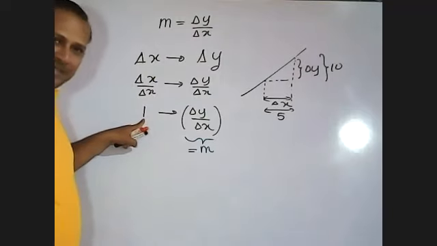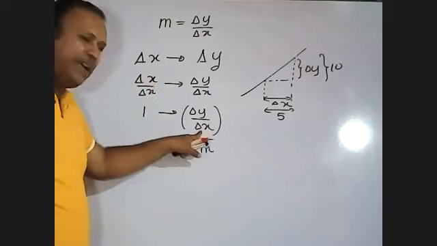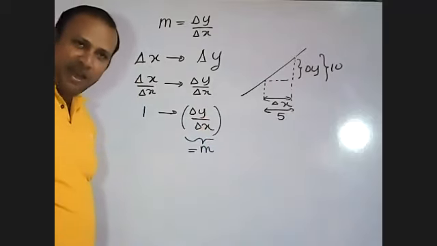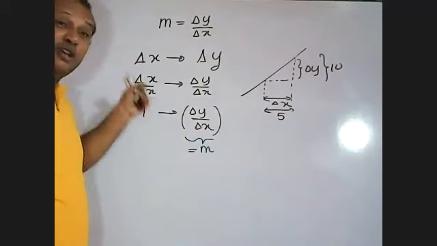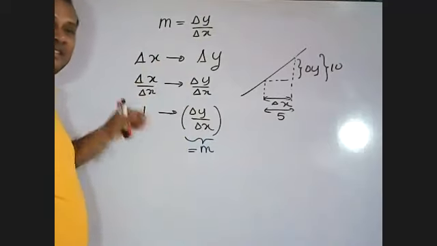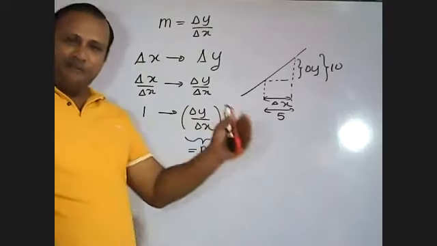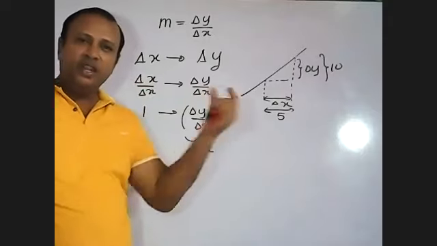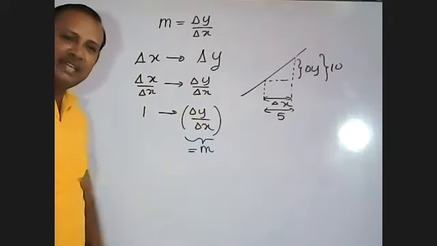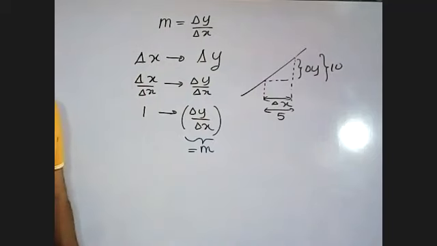The gradient is equal to the difference in y for a unit change in x. Right? The difference in y value for a unit change in x value. Did you get my point?